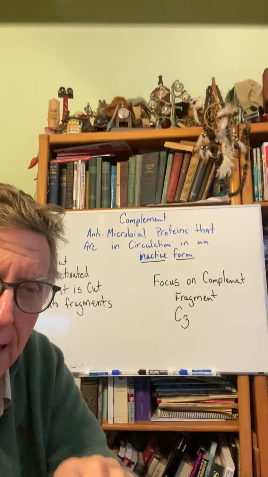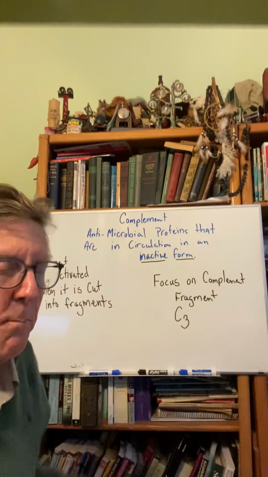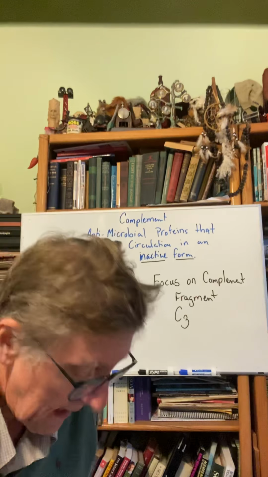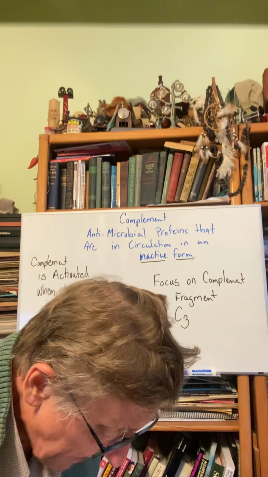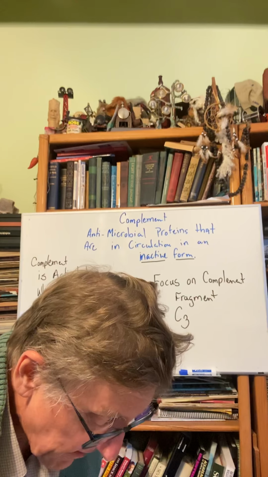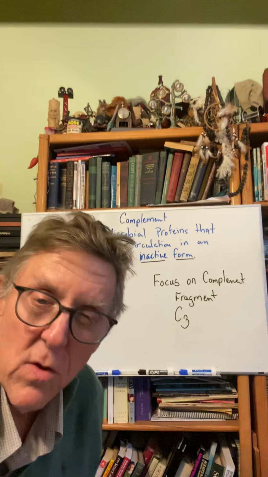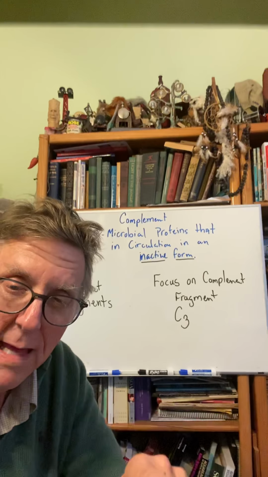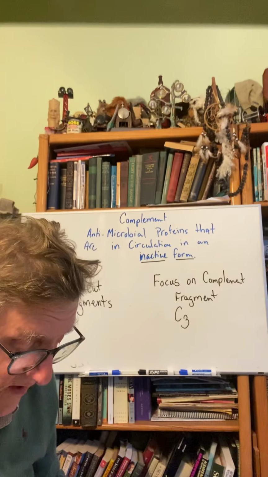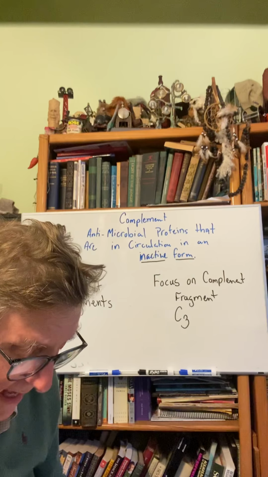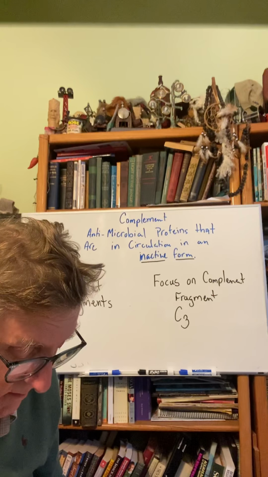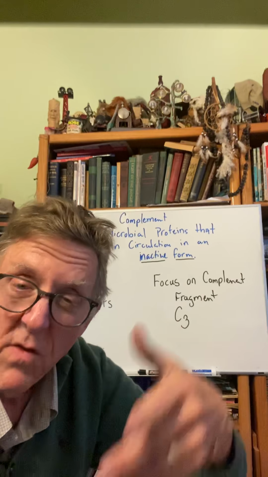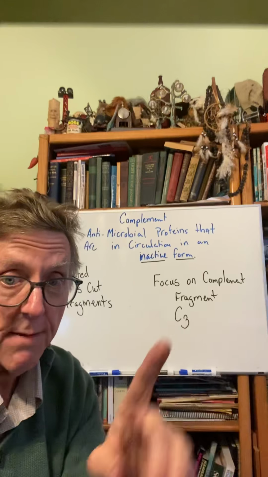Now C3 then gets broken into C3A and C3B. So if you look at your pathway, it's going to end up being broken into even two more pieces. So C3A and C3B. Well, it ends up that some of that C3B is going to bind to the pathogen on its own. So we had said you have to have the first thing first.